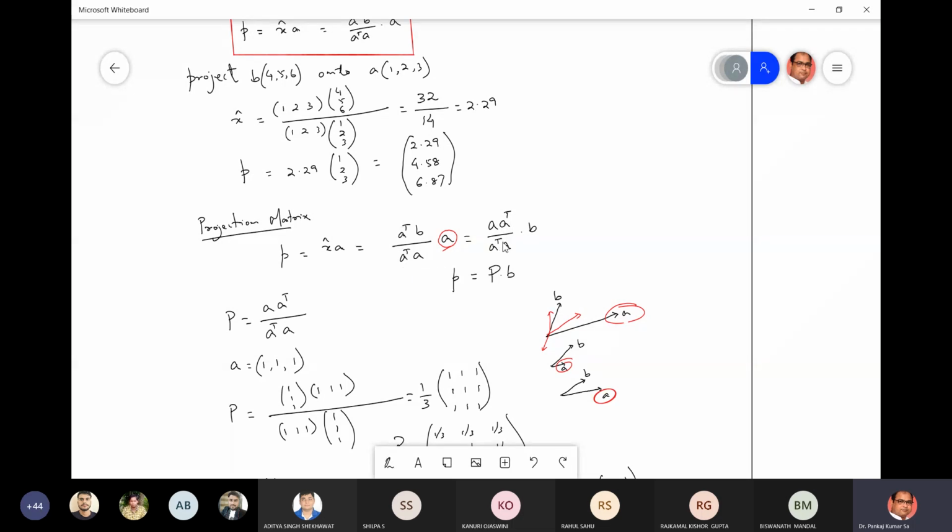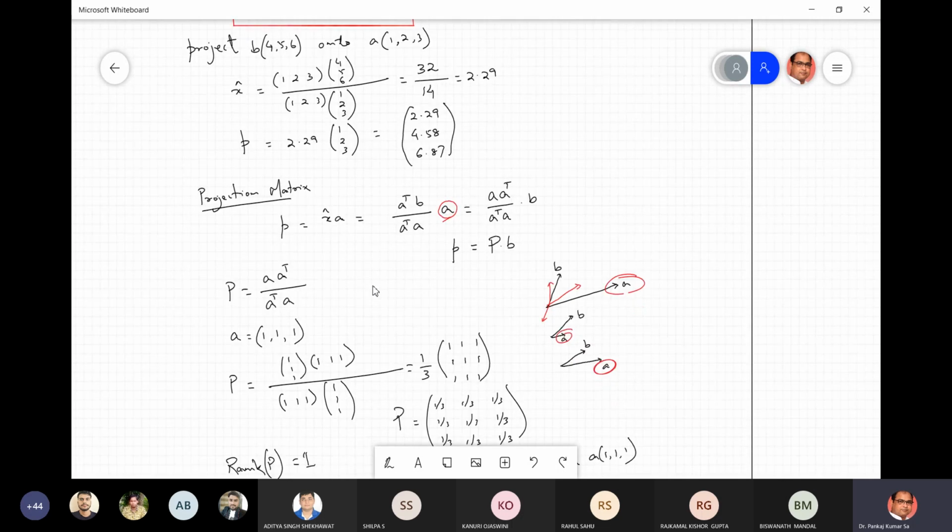So A A transpose upon A transpose A is what we call the projection matrix, times the B vector, which gives us the projection P. The projection P of the vector B onto A is equal to the projection matrix times the B vector. Okay.